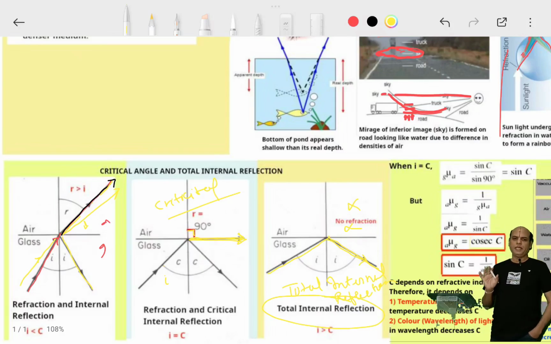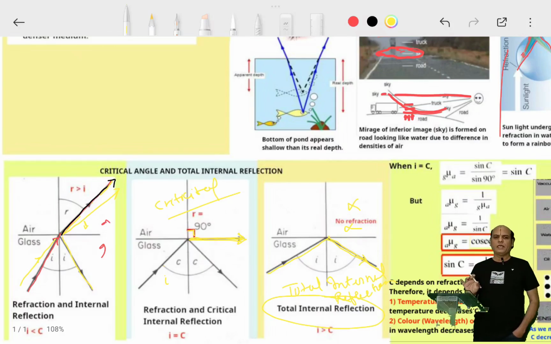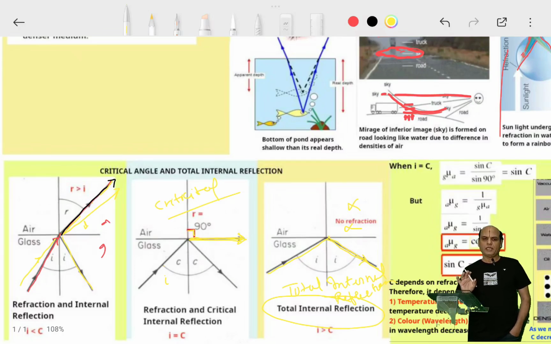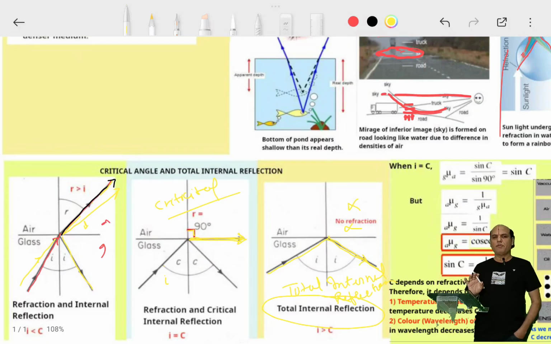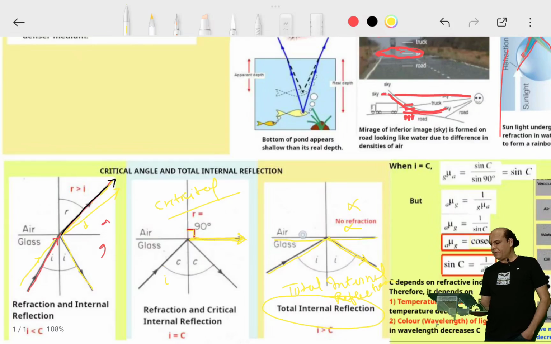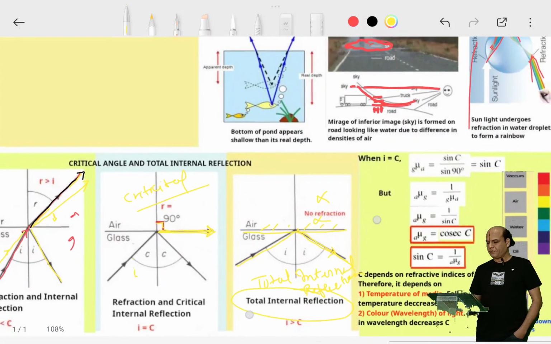For any media, there will be a critical angle of incidence. If the angle of incidence is increased beyond the critical angle of a particular media, there won't be any refraction. The boundary of the media behaves as if it is a mirror. This phenomenon is called total internal reflection.